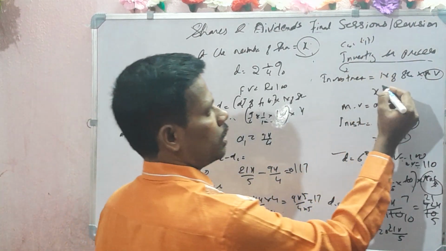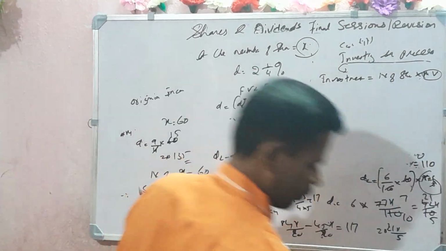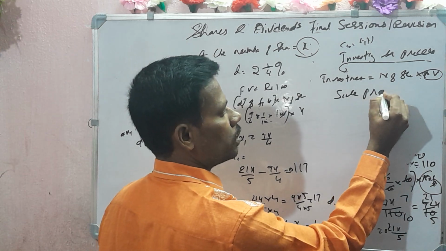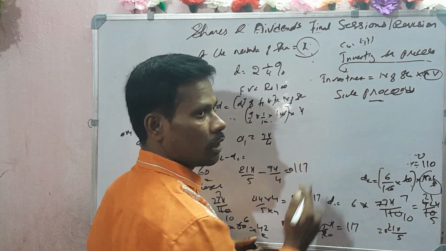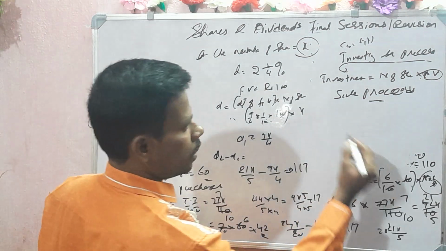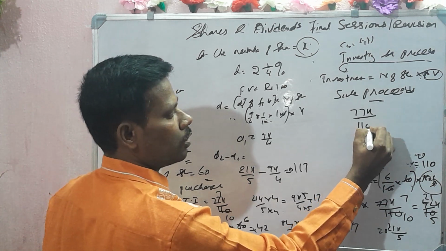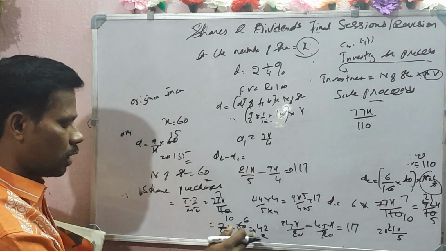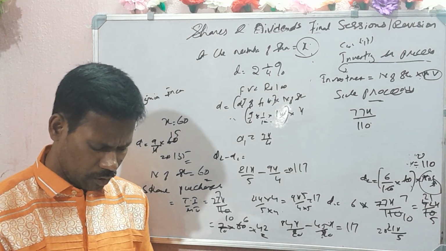Investing the proceeds means sale proceeds. So sale proceeds means purchasing. How many shares did he purchase means, here total investment is 77x by market value is 110. So I calculate this, I got the answer as 42. He purchased 42 shares.